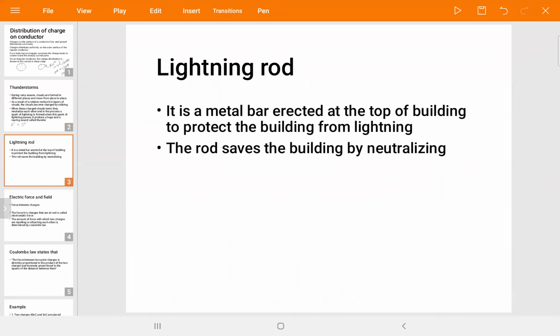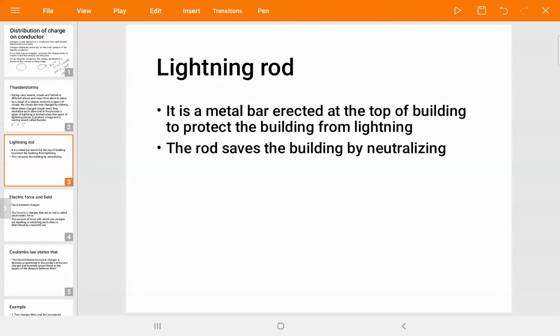And to protect from this lightning, we use a lightning rod. This is common for a building, just to protect a building from the lightning hazard. Lightning by itself is an energy and can bring a hazard, or some damage.